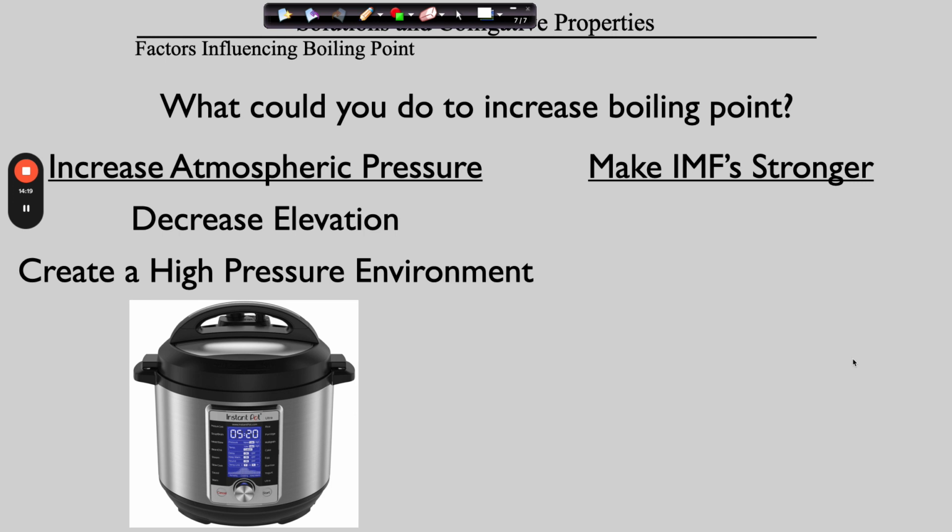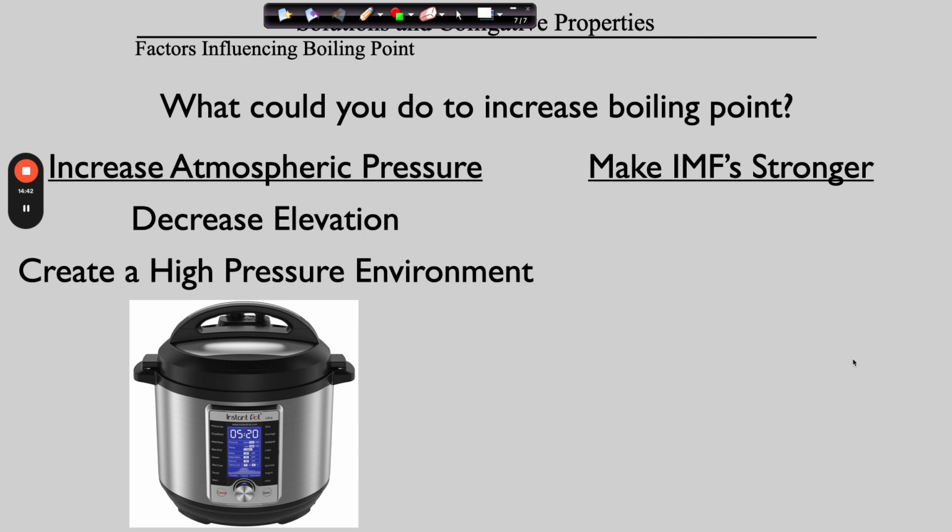When we were talking about alcohol and water, we said water has stronger intermolecular forces and therefore it boils at a higher temperature. That is not what we're talking about here. We are talking about taking water and making the intermolecular forces inside of water stronger.